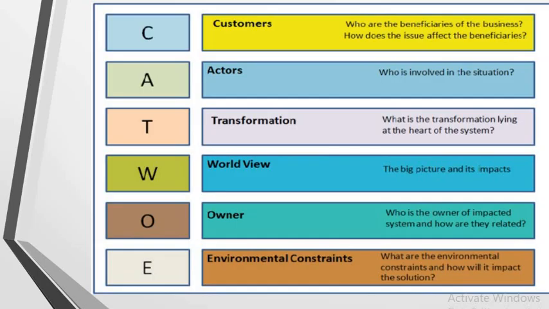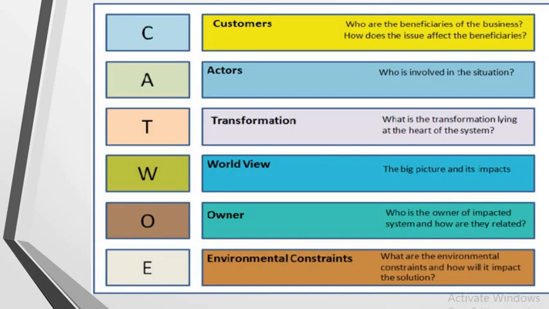And then comes the worldview, the underlying worldview for the transformation that is required, the big picture, the holistic picture. And O for the owners, the stakeholder with the overall authority for the business system: who is the owner of the impacted system and how are they related.